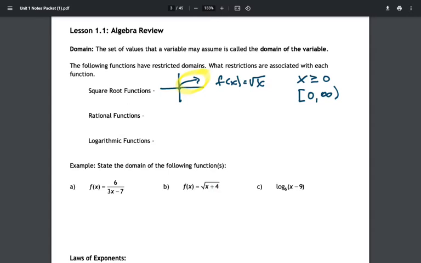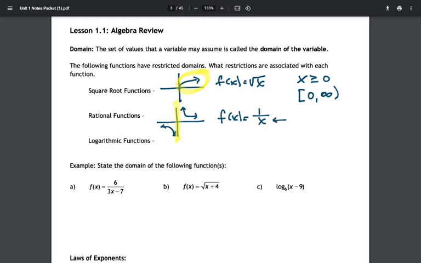A rational function, when you graphed it, looks something like this. The equation was f of x equals 1 over x. And right here, where x is in the denominator, that caused a problem. That made us have an asymptote right here on the y-axis. And so that means that we can't divide by 0.